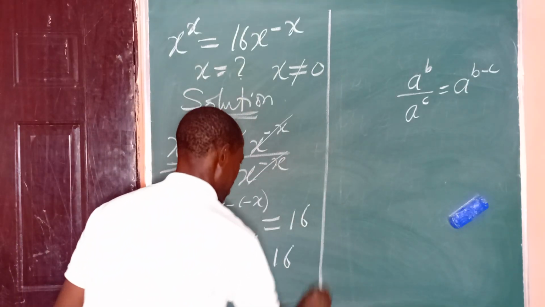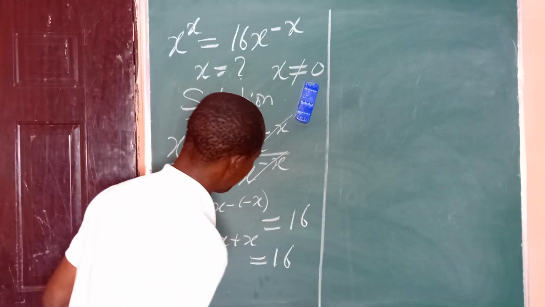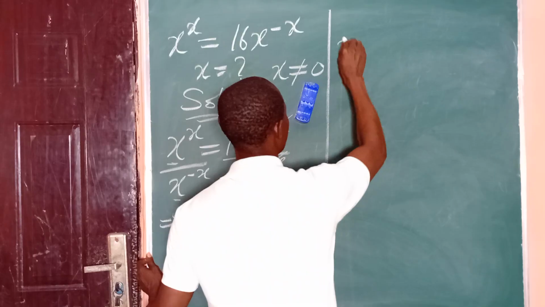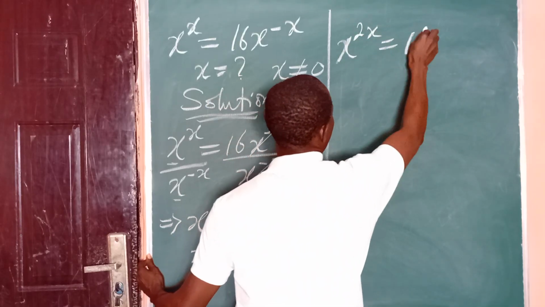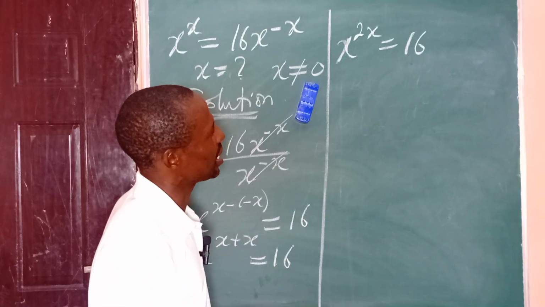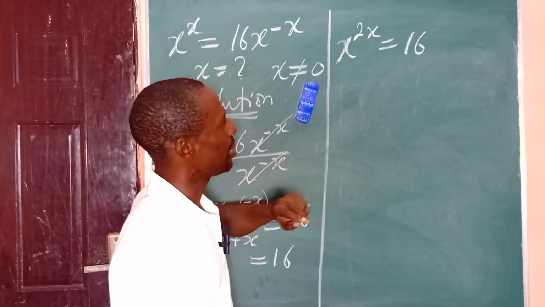Let's continue here. You now discover that we can add these to give us x to the 2x equal to 16. Wow. What we do next is rewrite this exponent.